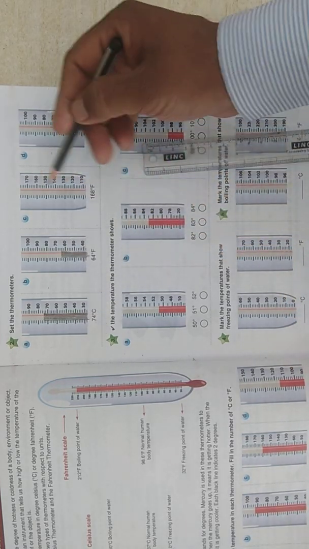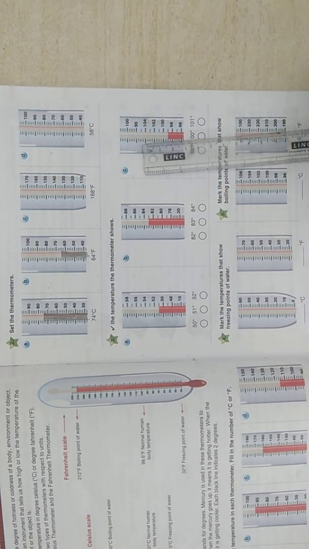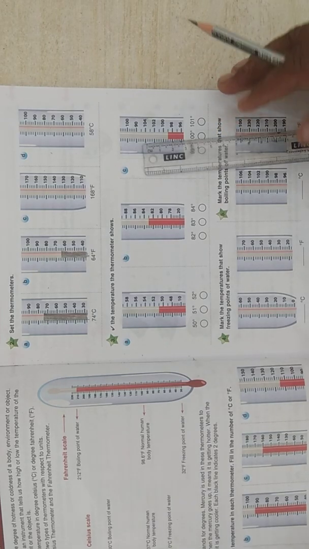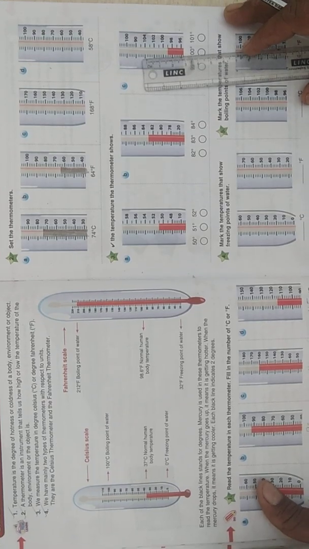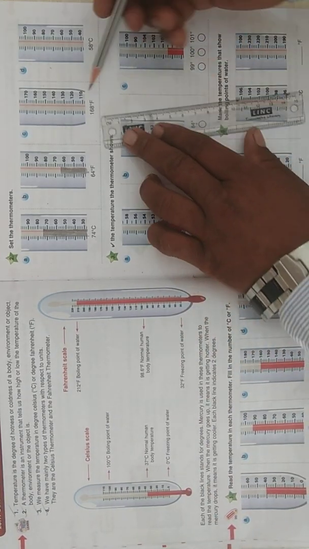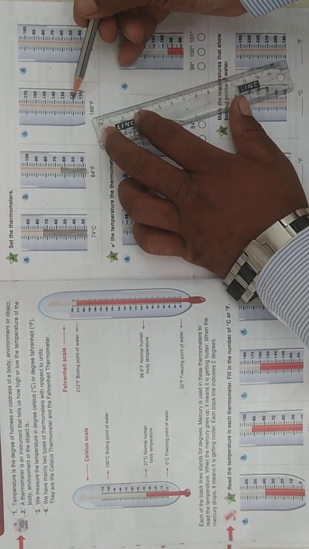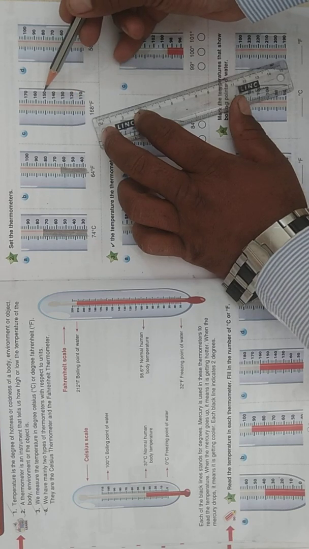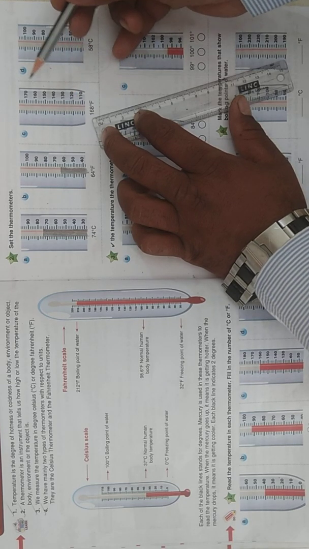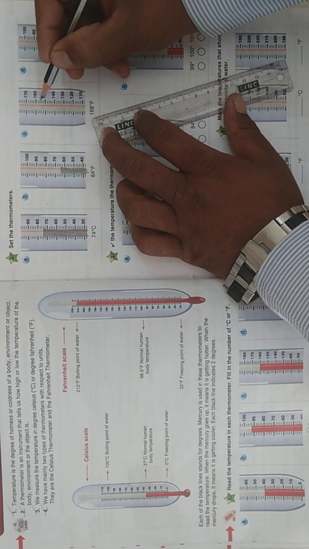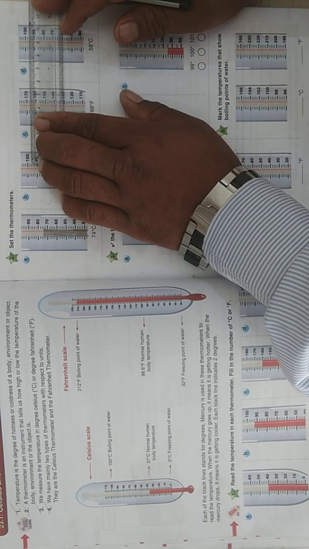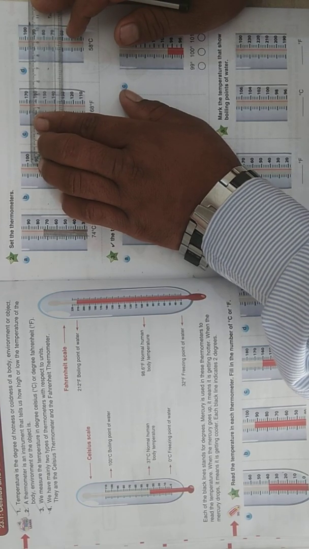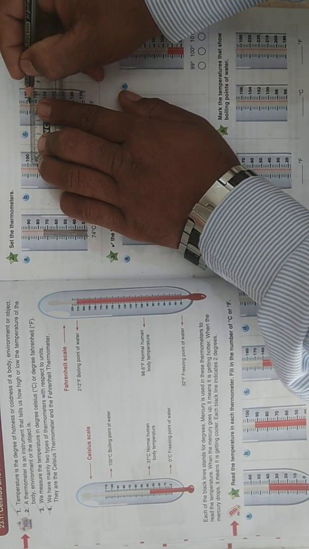Next, like this only, 168 degrees Fahrenheit. Then we can take, see here, up to here 110, 120, 130, 140, 150, 160, and again 62, 64, 66, 68. It is just before one black line, 170.